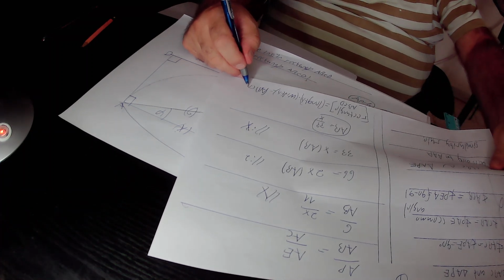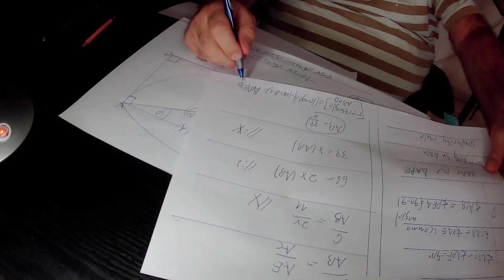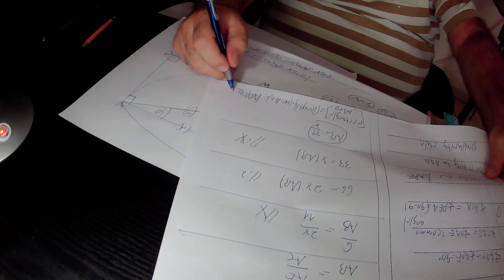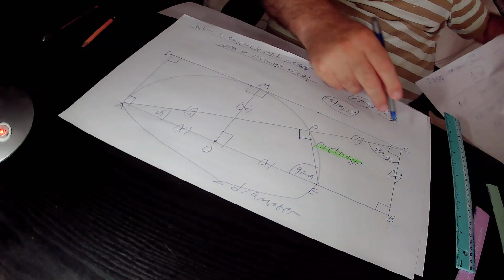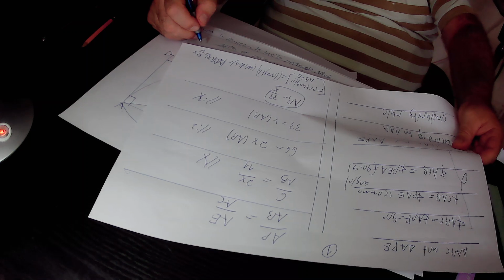So in total, we found that the area of rectangle ABCD is equal to the length AB times the width CB. AB is 33 over x times CB. CB is x. 33 over x times x.